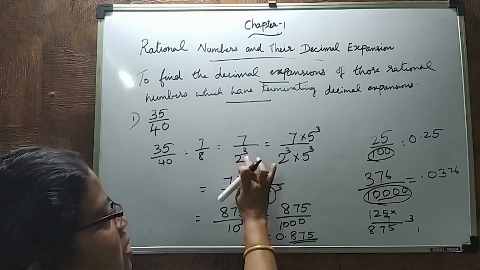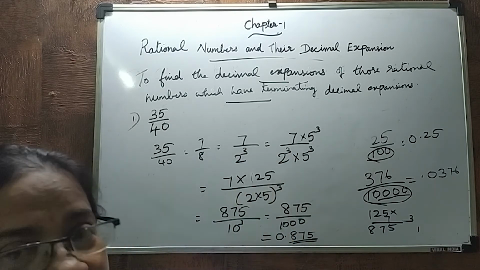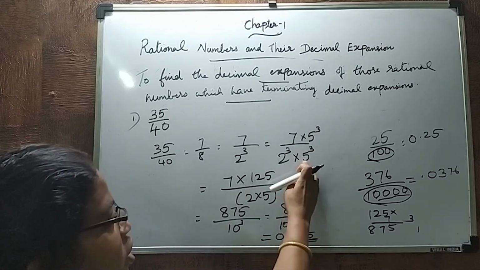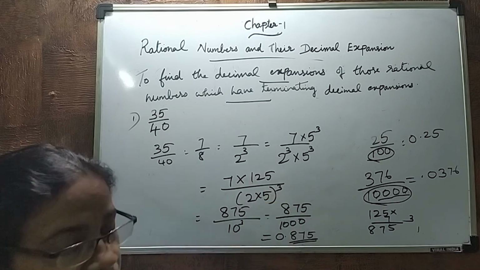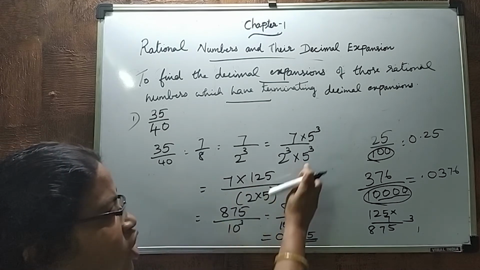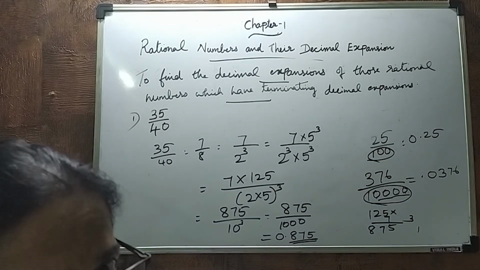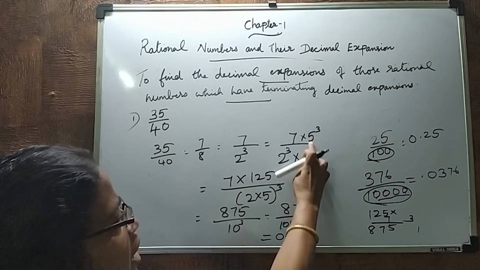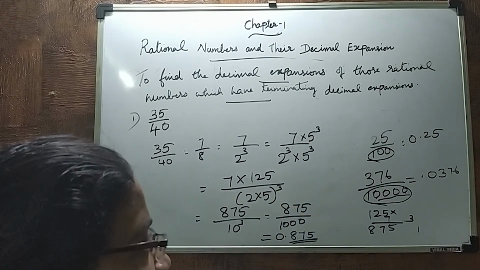So what you have to do is, whichever exponent is there, take the other one with the same exponent, so 5 raised to 3, and take it inside the bracket. Whatever you multiply in the denominator, the same thing you have to do in the numerator also. Into 5 raised to 3 we did, here also into 5 raised to 3.